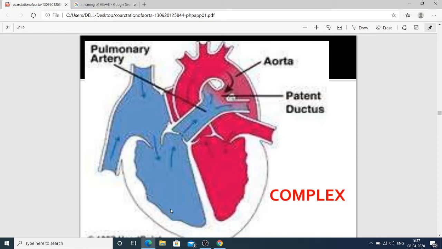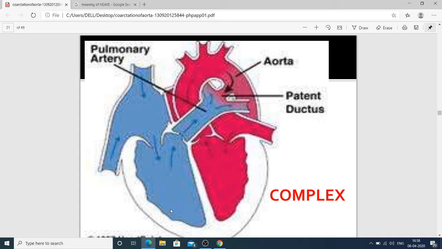And the pathophysiology of coarctation of aorta is, in coarctation there is a narrowing which can be either discrete or involve a long segment and can vary in severity from a mild constriction to total occlusion. This impedes blood flow to the lower portion of the body, creating increased pressure proximal to the obstruction.